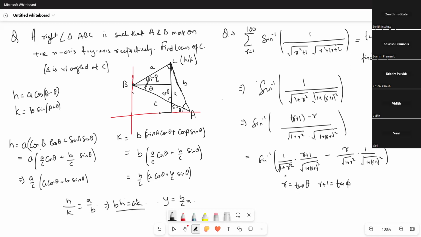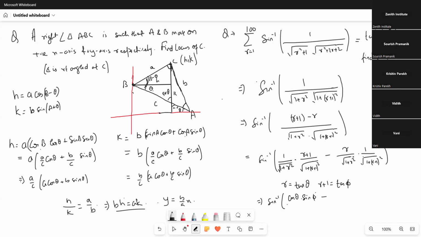So what will the first term become? 1 by root of 1 plus r square is 1 by sec theta, which is cos theta, into sec phi tan phi by sec phi, which will be sin phi.